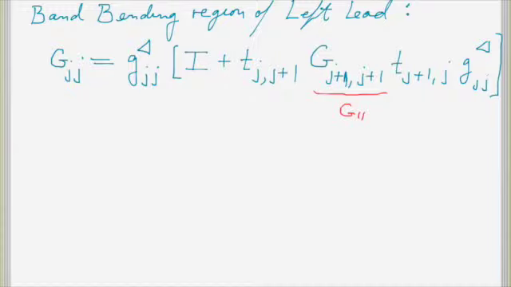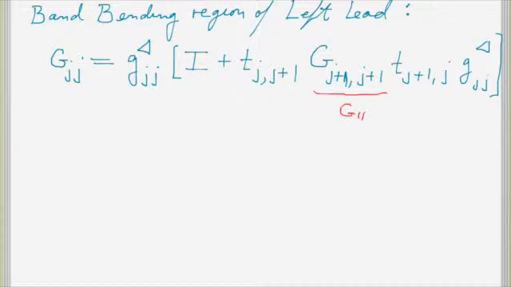Then I use these expressions to move that diagonal block to the left and the right. If you look at what we've done and think about how this algorithm would work, you calculate all the right connected Green functions across the entire device. As you calculate them, they have to be stored and saved because I'm reusing them for this algorithm here.